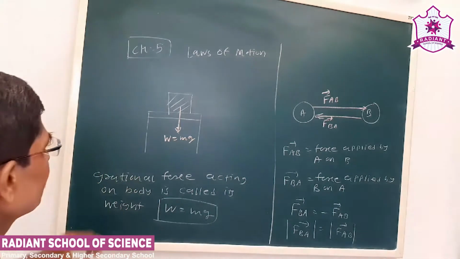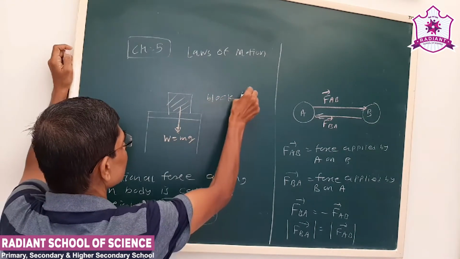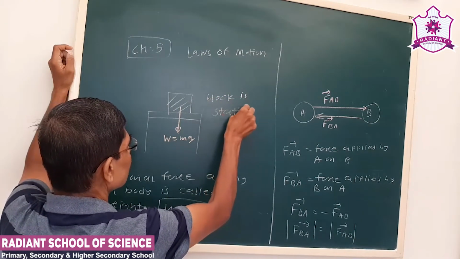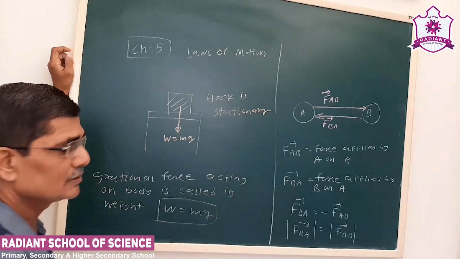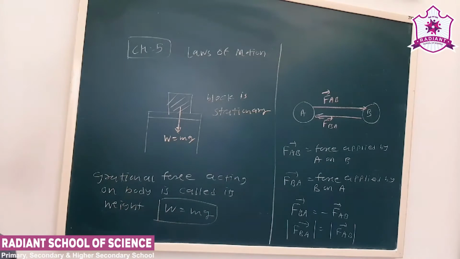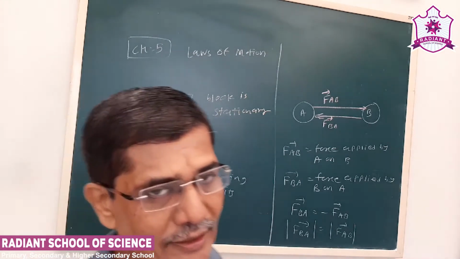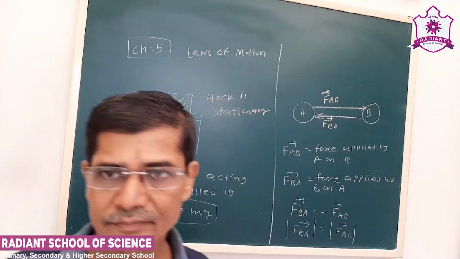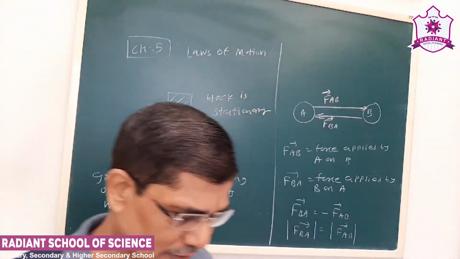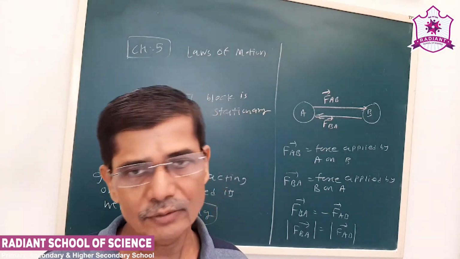Now here, this block is stationary. A block is placed on a table, the block is stationary. Now mg, that is the weight, is the only unbalanced force. And Newton's first law says whenever there is an unbalanced force, motion is going to be there.